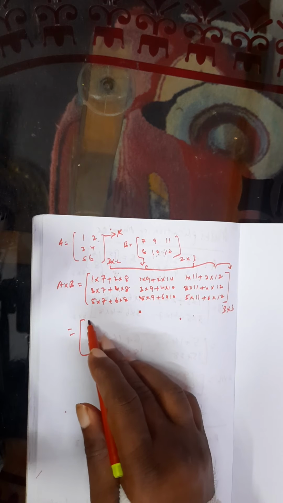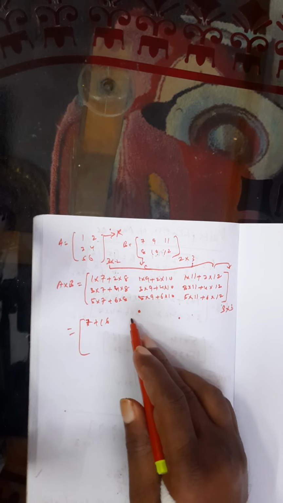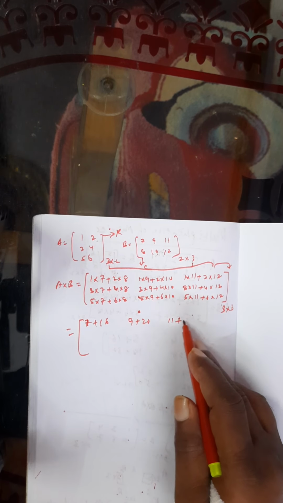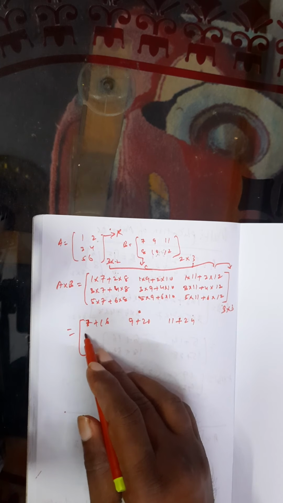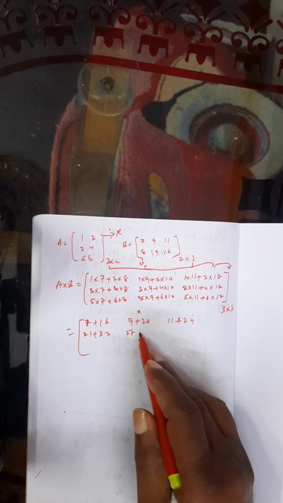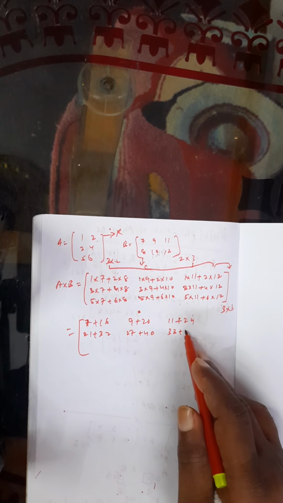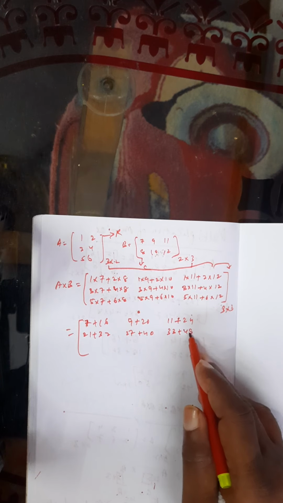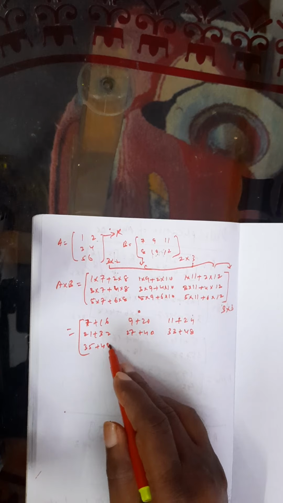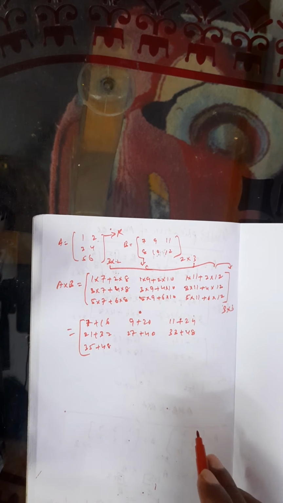Now multiply and simplify it: 7, 16, this is 9, 20, this one is 11 plus 24, 3 7s are 21 plus 4 32, this is 27 plus 40, 33 plus 12 4s are 48, this is 35 plus 48, 6 8s are 48.